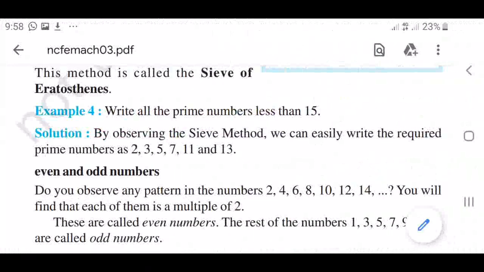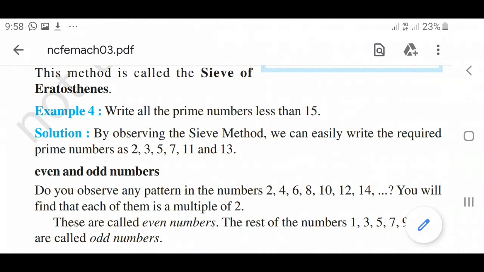Next side heading. Sieve of Eratosthenes. Sieve, S-I-E-V-E, sieve. Of, Eratosthenes.